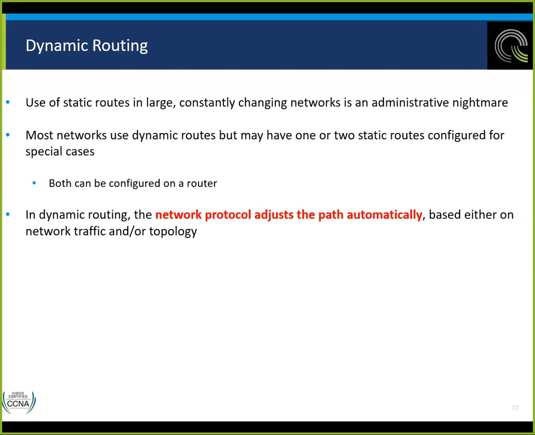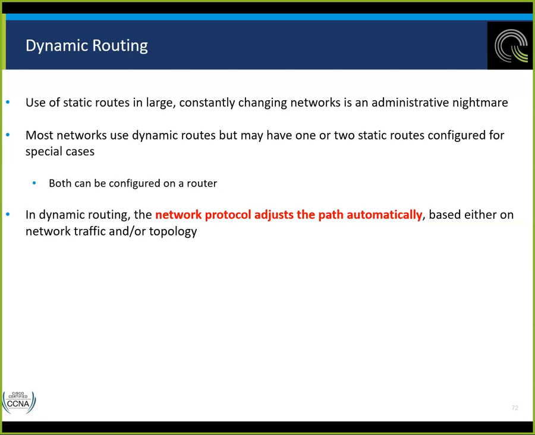And with network traffic, if we start getting congestion, then depending on the routing protocol, EIGRP uses bandwidth and delay, OSPF uses cost, and RIP uses hop count. So with RIP and hop count, network traffic is not going to make a whole lot of difference.